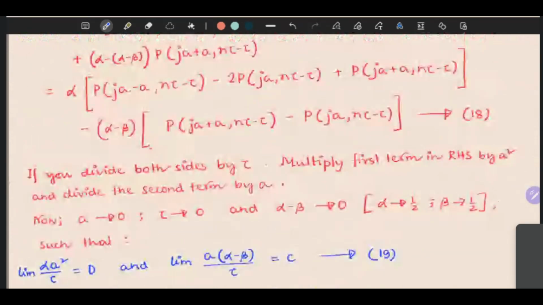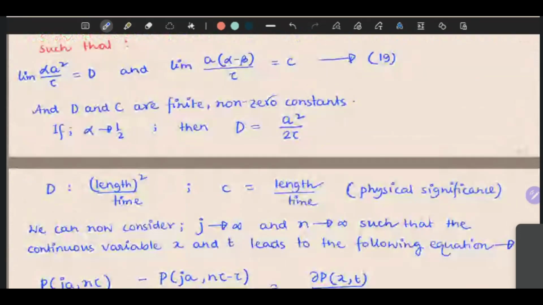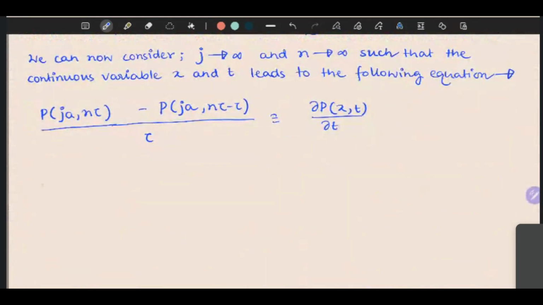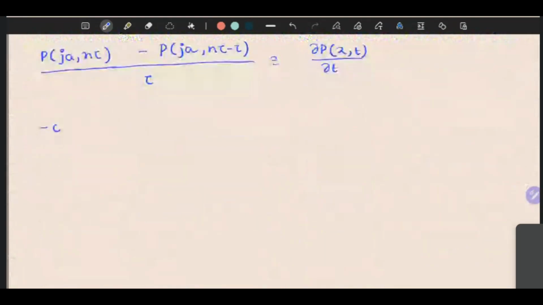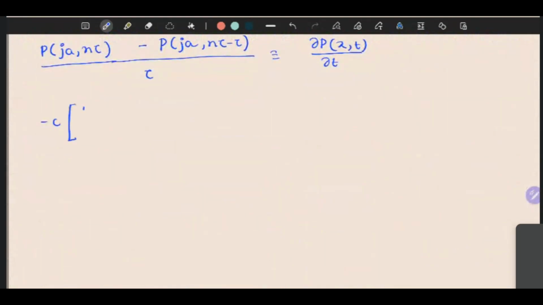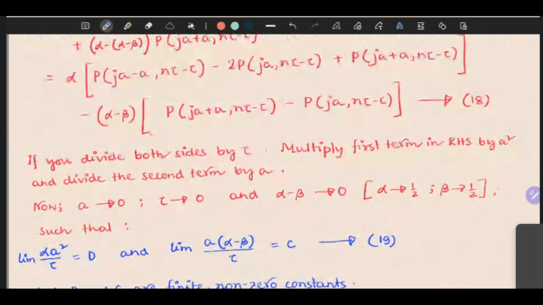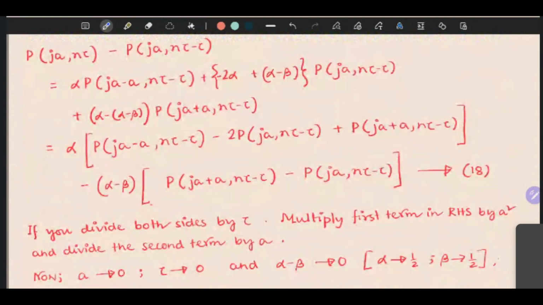Similarly, second term, minus c term, then it becomes minus c times p of J A plus a n t minus tau minus p J, like this.